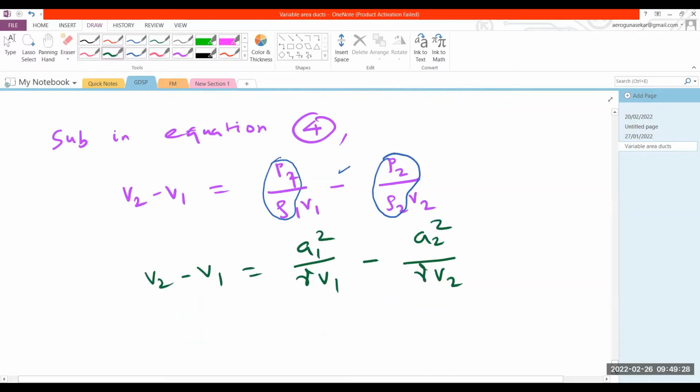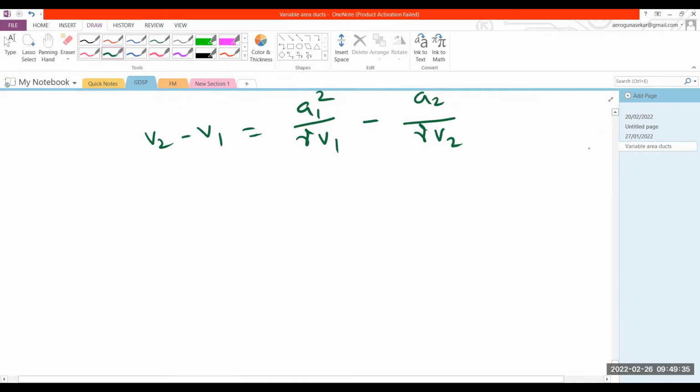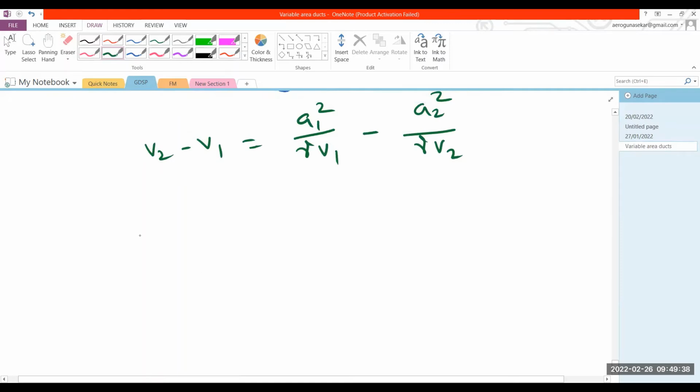Okay, so after substituting your speed of sound relationship, this further is going to be modified. Now, by using the energy equation, what we are going to get is H1.